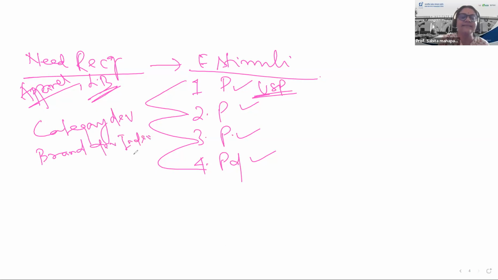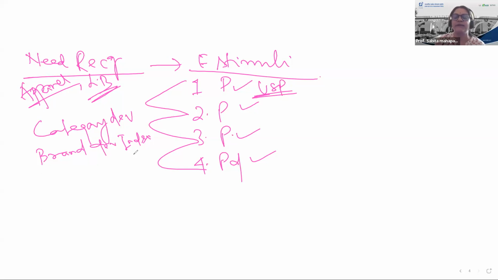So let us say I'm not interested in milk. If you say Amul milk has this advantage, that advantage, I'm not interested in milk. Forget about Amul or any other milk. So can I have a region where the need is there? I can identify. I will give you a hint.